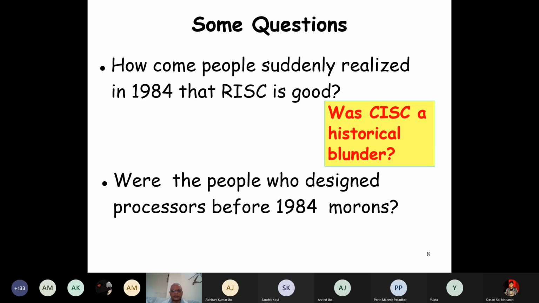Was CISC a historical blunder that people kept on repeating again and again, and one day they became wise and said no, we'll use reduced instructions? Let's see, if we understand the historical setting, why it happened, we'll have a better understanding of why RISC processors came in, and why CISC was once considered to be a good thing.